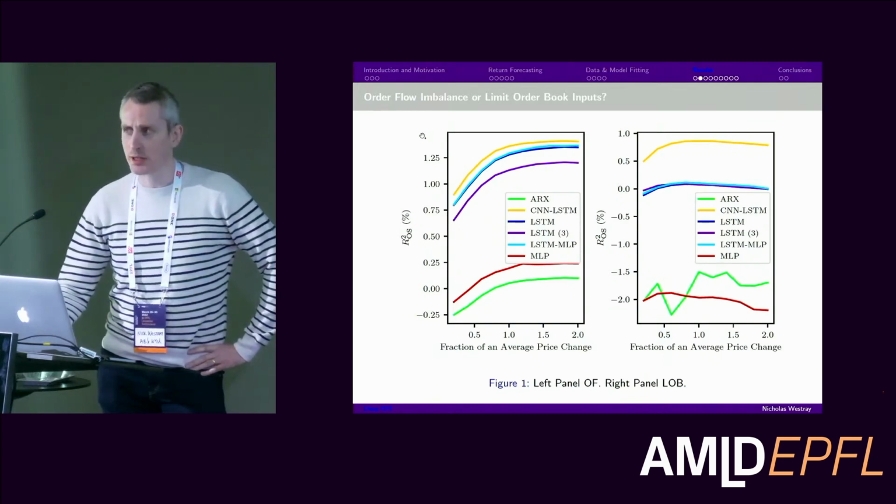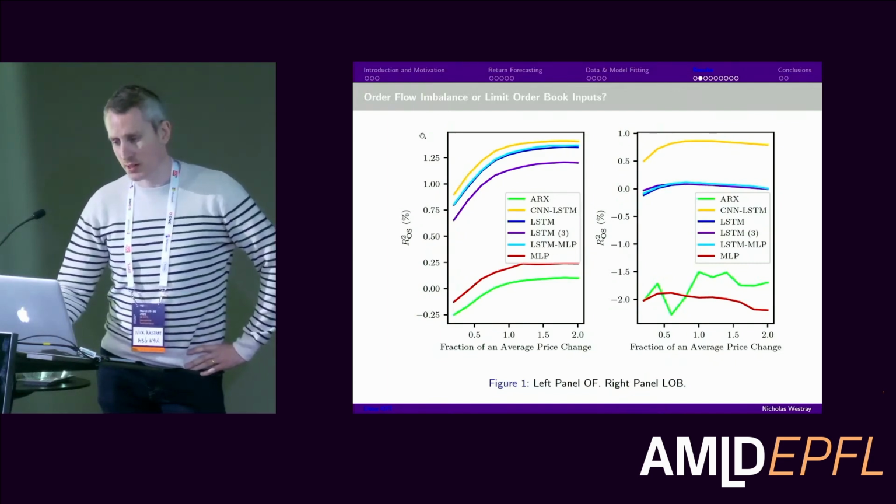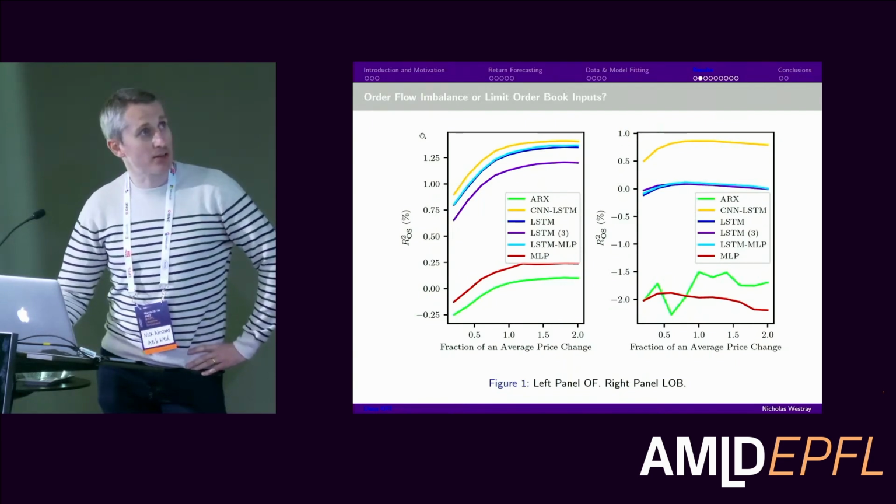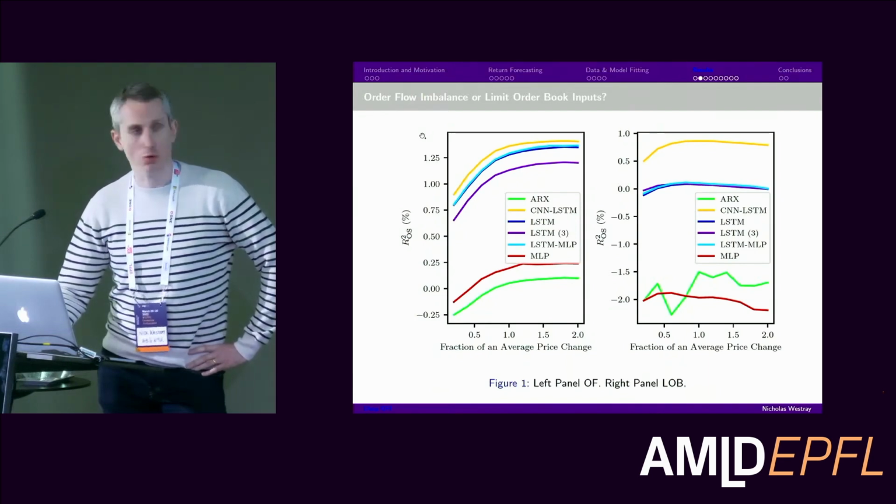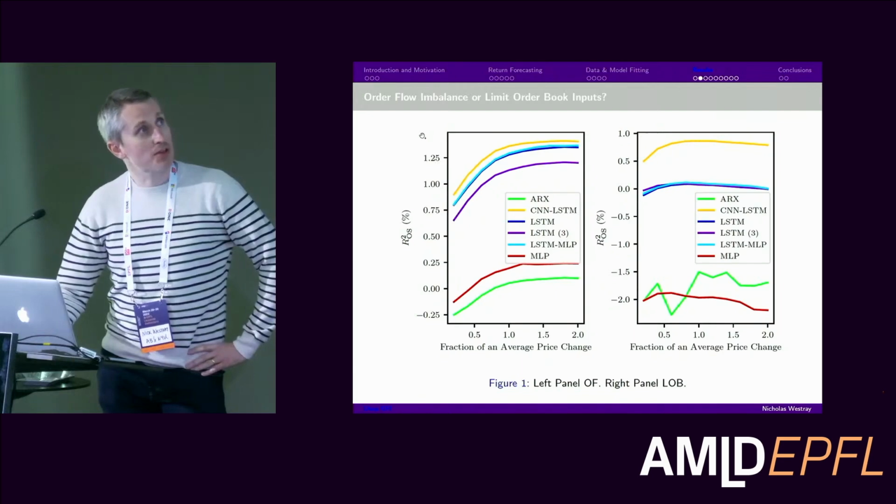And there are 3 interesting conclusions that I would take away from this plot. The first is that by looking at the scales on the left and right, you can see that order flow inputs are a significant improvement over raw limit order book. So the fact that you have stationary inputs seems to make a big difference to the problem.